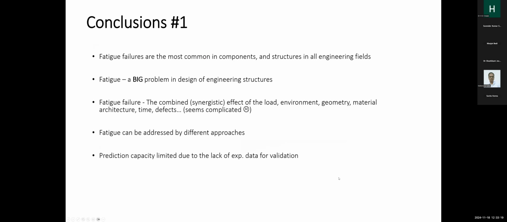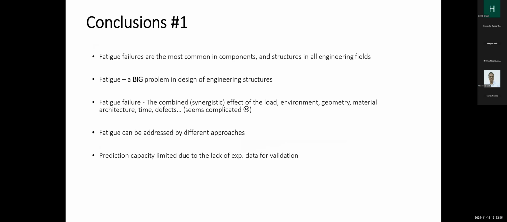We've seen that fatigue is an issue. It's a big problem for engineering structures. Composites are more troublesome. It's quite easy to understand how they fail because we can now visualize all the damage that is created, but it's complicated to correlate this failure to appropriate methodologies to be able to predict the lifetime.